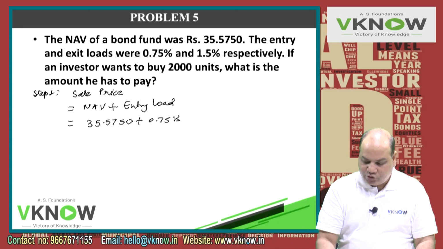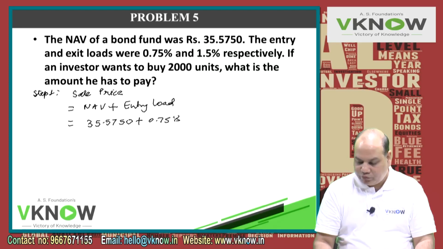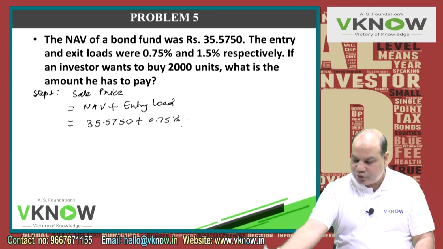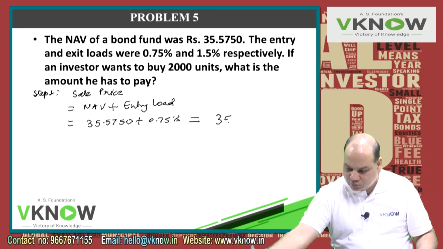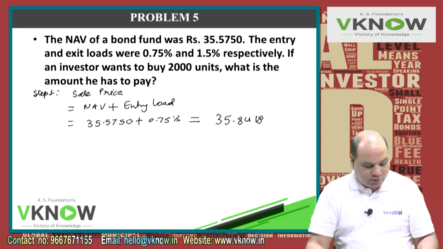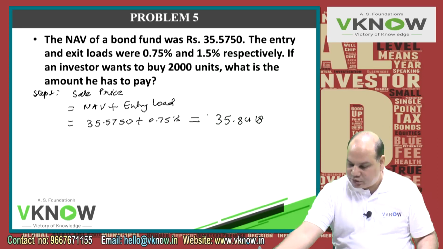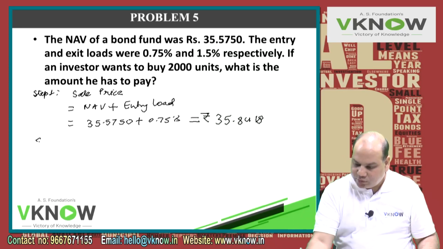So you also check 35.5750 plus 0.75%. So that is equal to 35.8418 rupees.